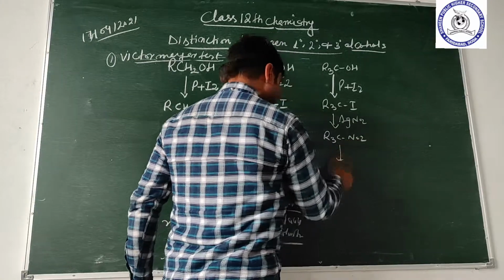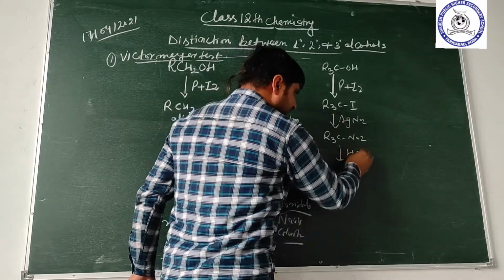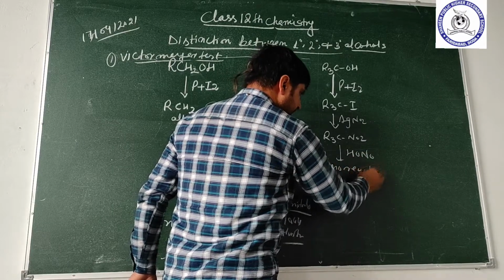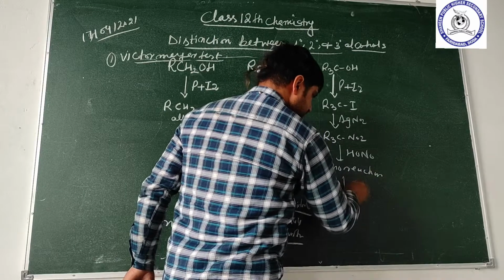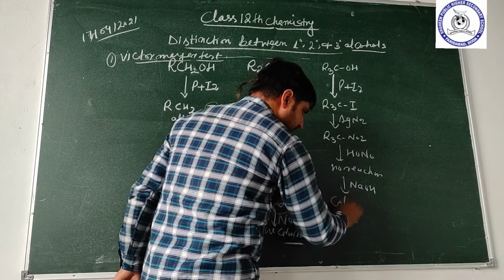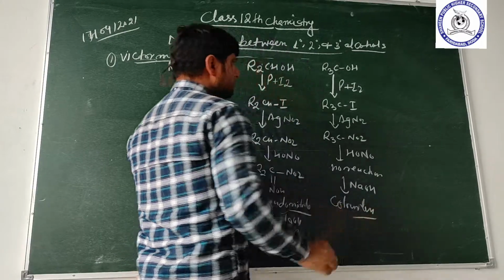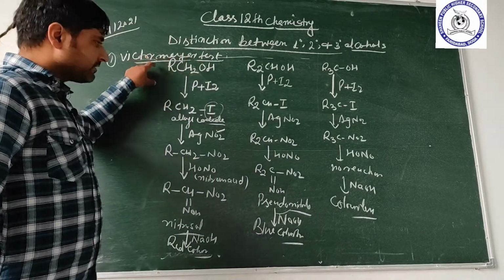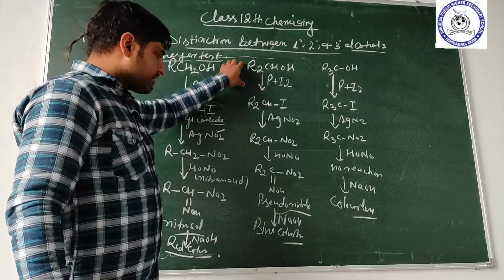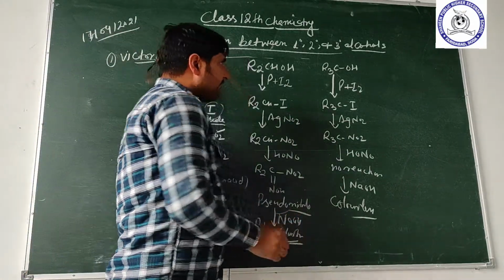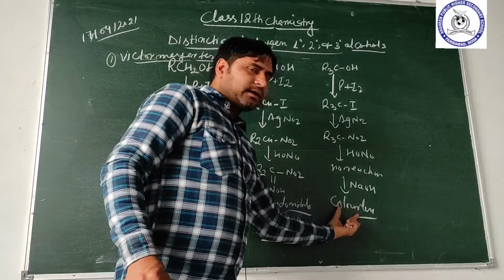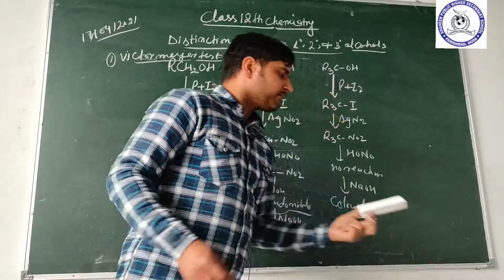In the third step, this tertiary alcohol neither reacts with HONO nor with the base, that is sodium hydroxide. The resulting compound is colorless. So in the Victor-Meyer test, primary alcohol gives red coloration, secondary gives blue coloration, and tertiary alcohol gives a colorless product.